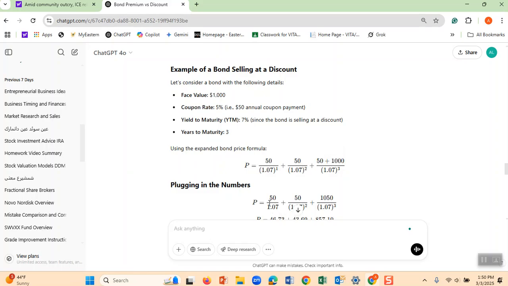Therefore, as we said, the benefit of the bonds is that the coupon rate stays the same during the life of the bond. As you see, the $1,000 that you get after 3 years or after 30 years stays the same. What changes is this denominator, which is a function of what happens in the interest rates.